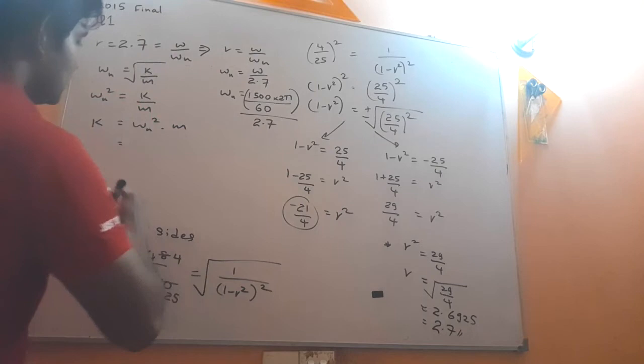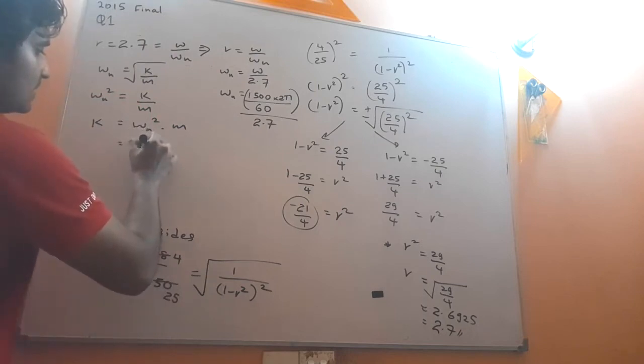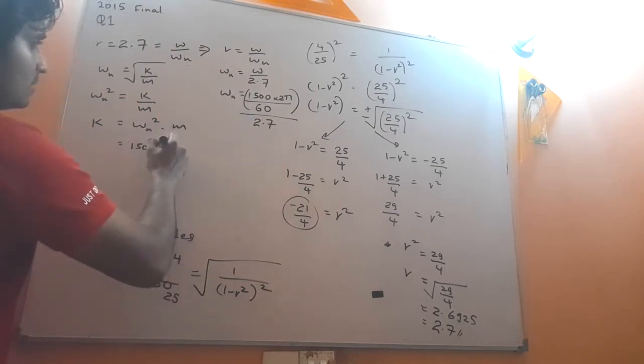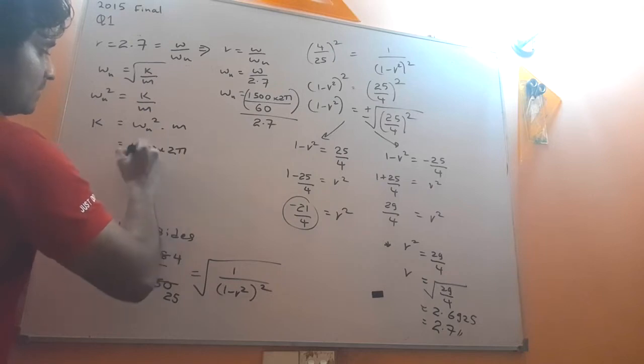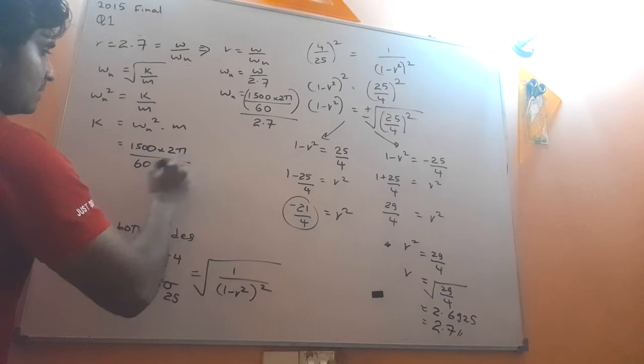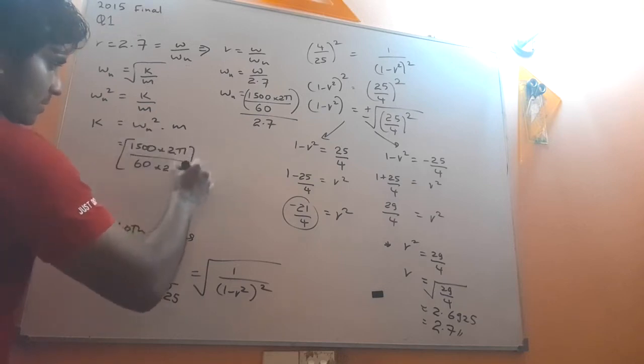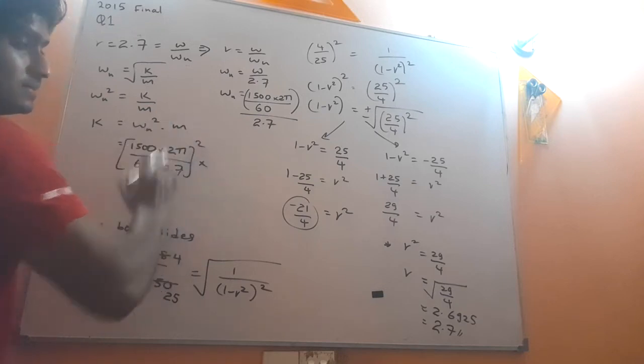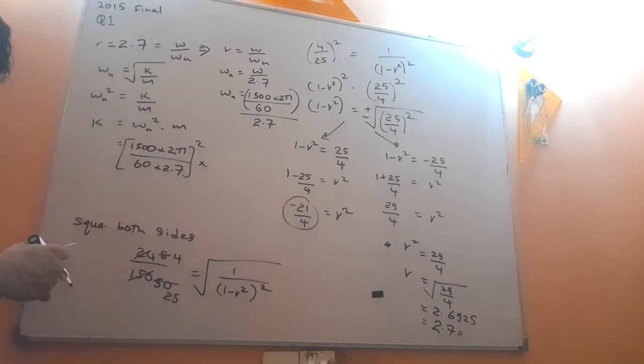So 1500 multiplied by 2 pi divided by 60, divided by 2.7, this whole part you have to square, multiplied by the mass of the system. What is the mass of the system? 1000 kilograms.